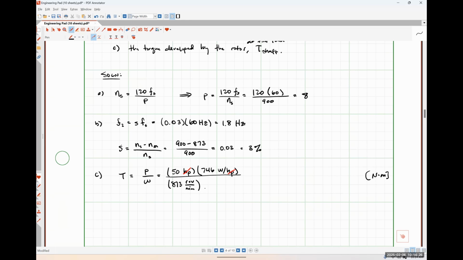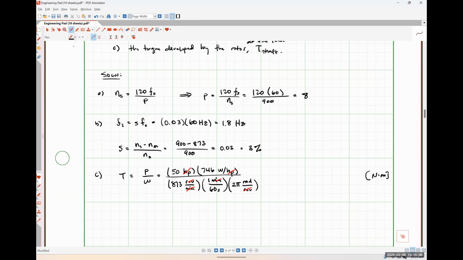I'm explicitly doing revolutions per minute like this so we can see how the units wind up canceling each other out. I could take this 873 revolutions per minute and multiply it by a factor of 1 minute per 60 seconds, and then there are 2 pi radians per revolution. Revolutions cancels, minutes cancels, and I'm left with an angular frequency of radians per second.